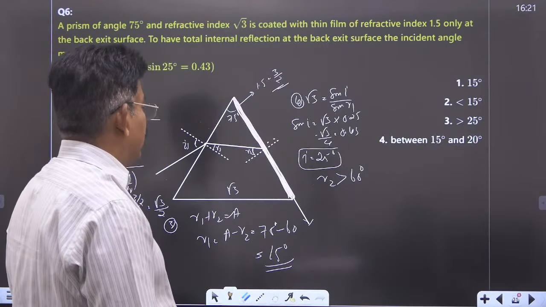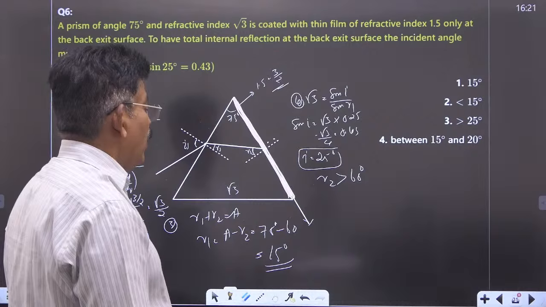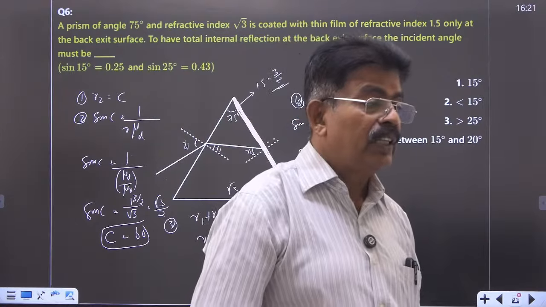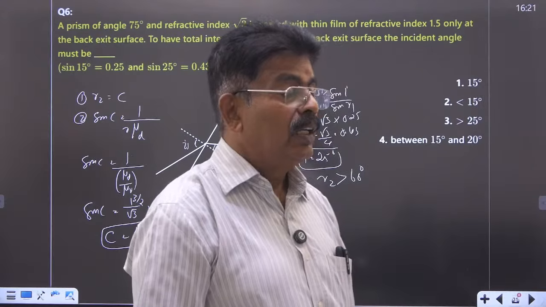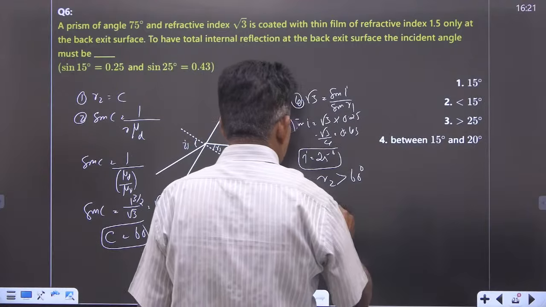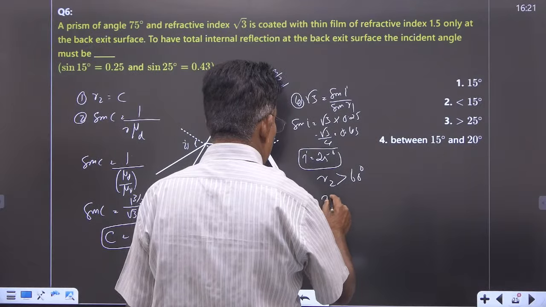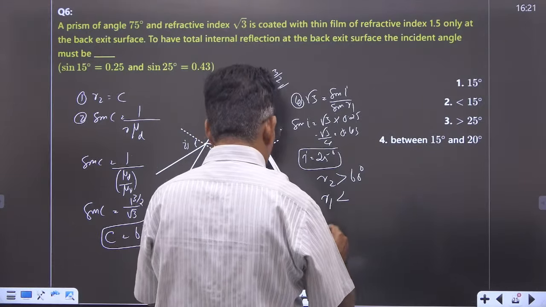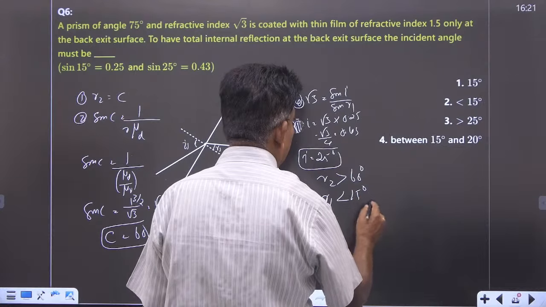In this case, total reflection will take place when the angle of incidence is greater than the critical angle. Critical angle is coming to be 60 degree for R2. Then what about R1? R1 should be less than what value calculated for R1? 15 degree.